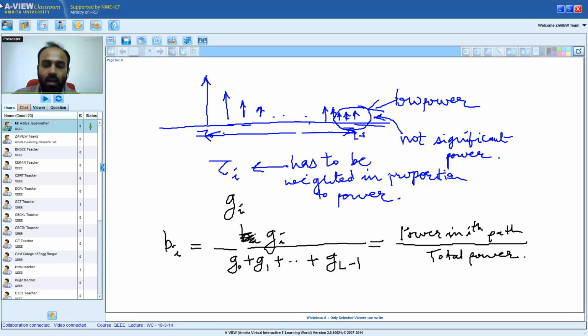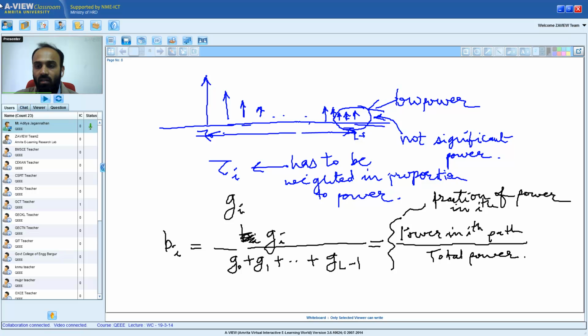Therefore, this power in the ith path divided by total power is nothing but the fraction of power in the ith path. Can everyone see that? This is the fraction of power in the ith path.